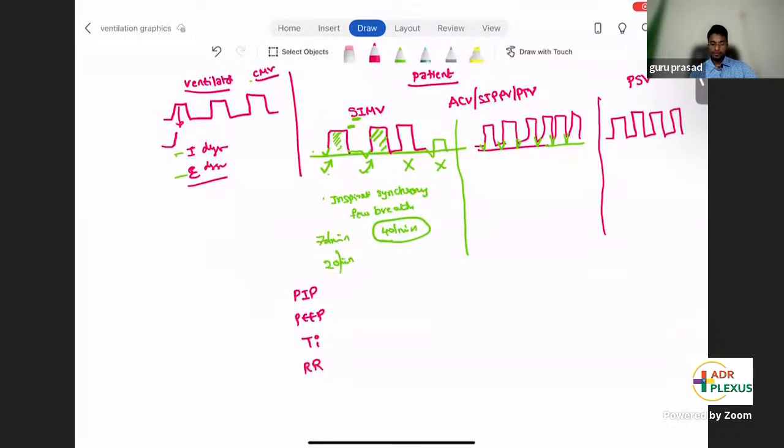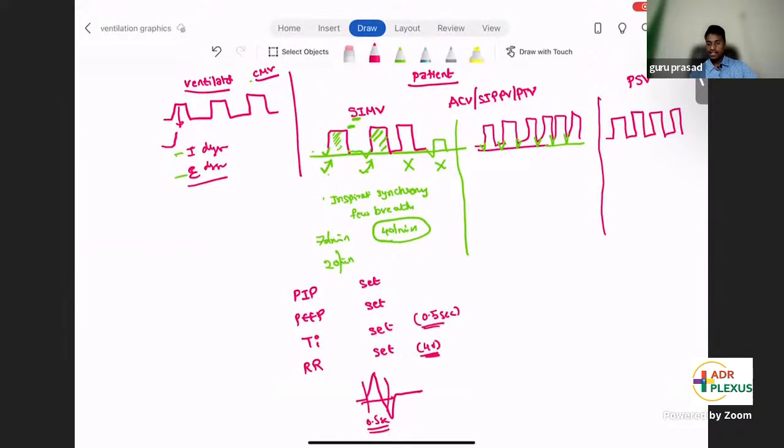In SIMV, you will set the PIP, the PEEP, the TI, and the respiratory rate. Suppose you set the respiratory rate at 40, 40 breaths will be supported. If you set your TI as 0.5 seconds, then for these 40 breaths, the TI will be 0.5 seconds. That means the inspiration time will be 0.5 seconds based on the TI you set. So in case of SIMV, you will set everything.